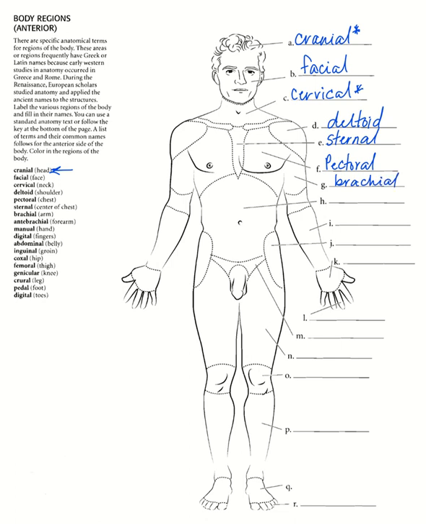You're going to see this again when we get into nerves, because the plexus of nerves that runs through here is the brachial plexus. And then, let's see, we're just going to keep going in order of these letters here. H is abdominal. And I, which is your forearm, is the antebrachial.